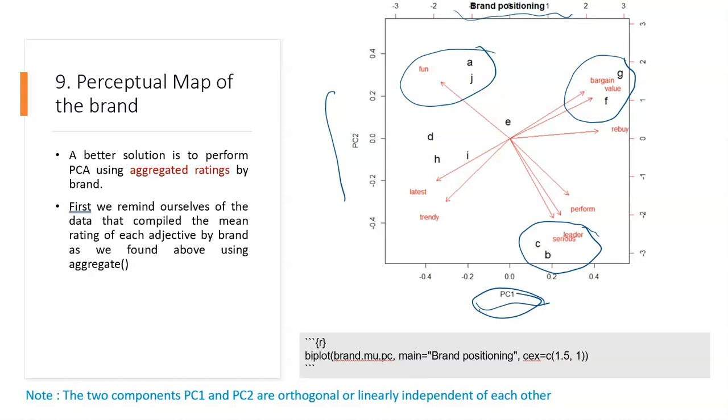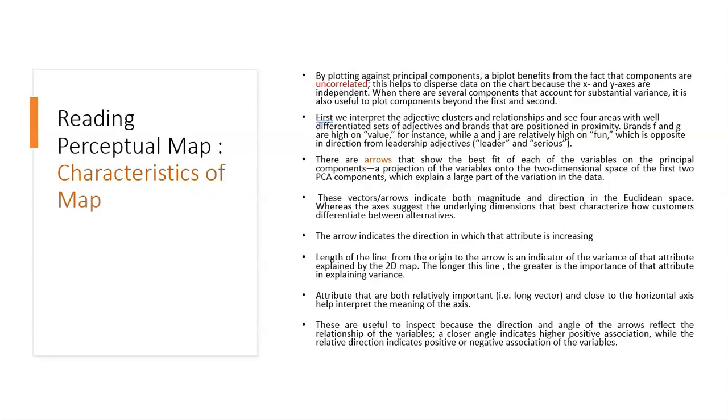A closer angle indicates higher positive association, while the relative direction indicates positive or negative association of the variables. These two, serious and leader, and B and C, are closely associated. And so you can read this perceptual map.